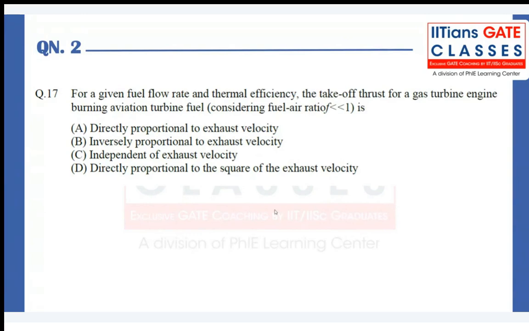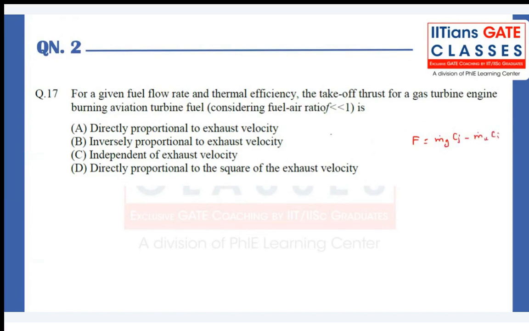During the takeoff, what actually happens? You are accelerating the flight, right? So when you are accelerating the flight, what does it mean? I have a thrust equation. Say for optimum condition, I really don't worry about the pressure thrust for this part. So that is nothing but mass flow rate of gas times Cj minus mass flow rate of air times Ci, right?